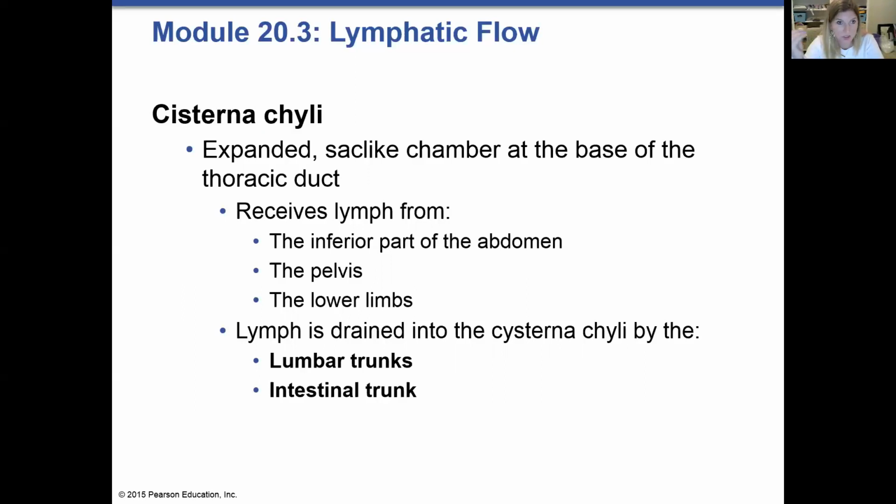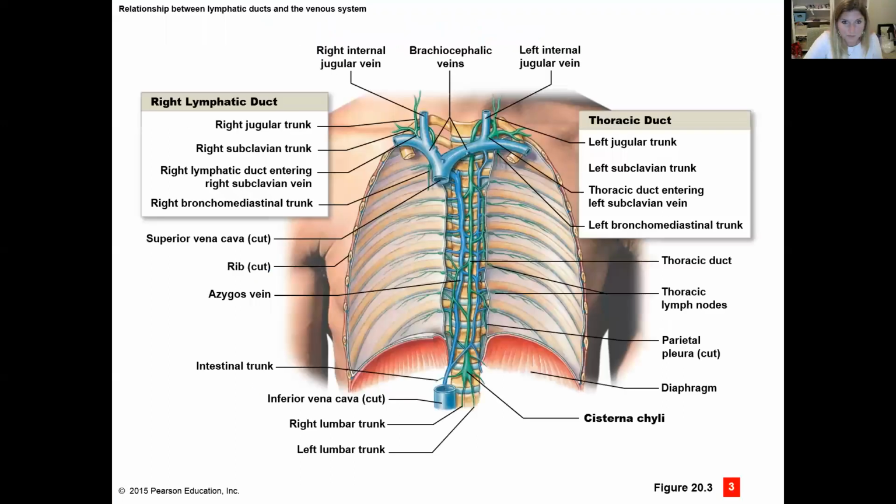Remember, we said the trunks drain into ducts. Well, the lumbar and intestinal trunks drain into the cisterna chyli, which is just this kind of sifting chamber, if you will, before it drains into the thoracic duct. So here you can see where everything is. So these green vessels are the trunks that drain into the duct.